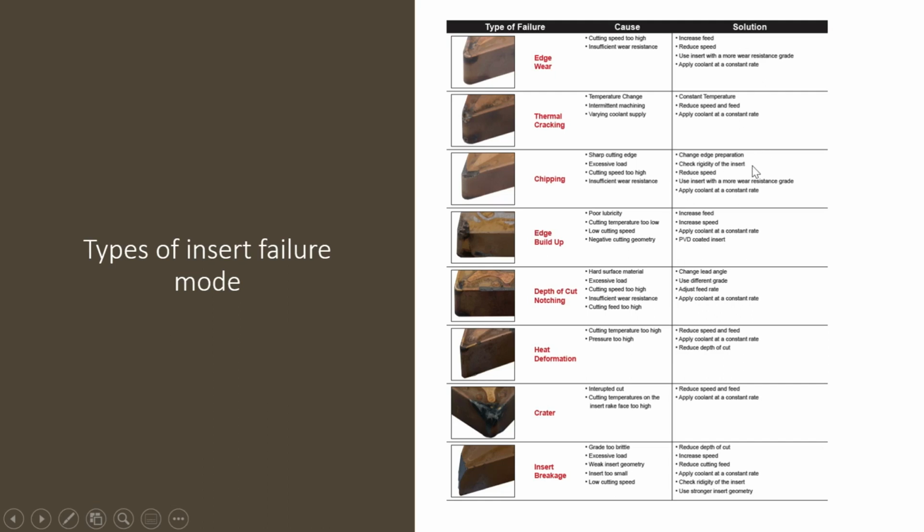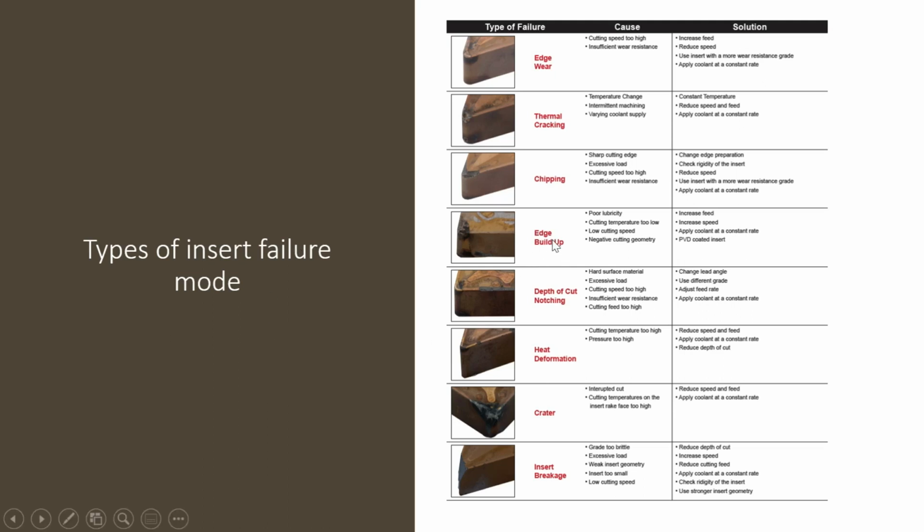So the solution for this will be to change the edge preparation. If you are using an insert for a roughing operation, you can use an 80-degree diamond shape, or a square insert, or a round insert. And for a finishing operation, you can go for a 55 or 35-degree diamond.